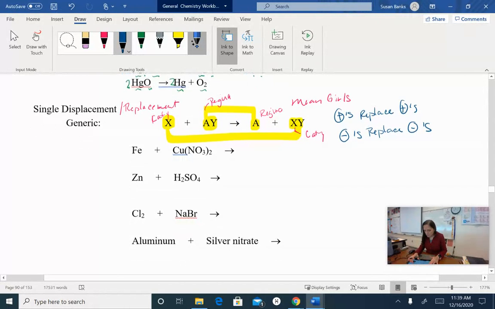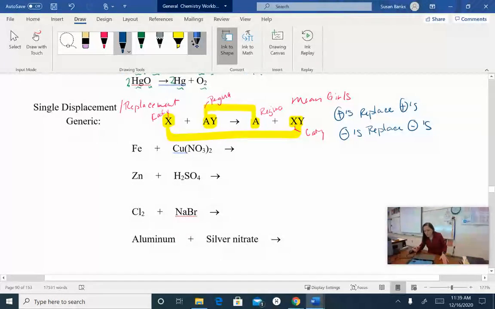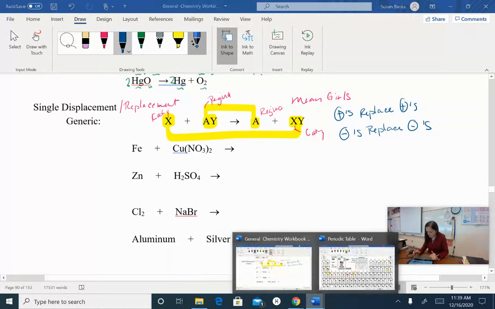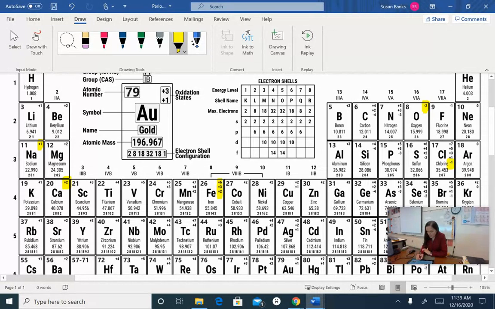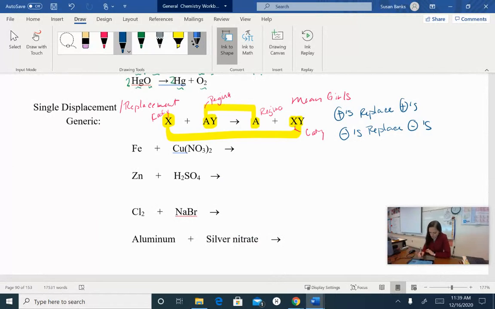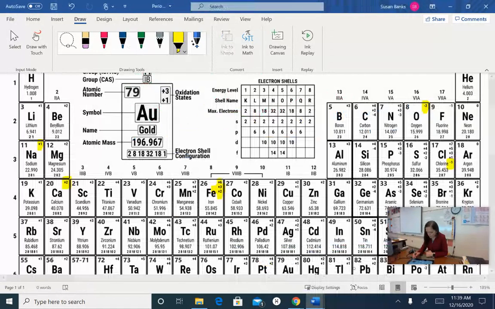Okay, so let's look at iron. So iron, we said up top, let's go to the periodic table. Iron usually has a charge of +3. So we're going to have it have a charge of +3 here. And copper here has a charge of +2. So if I look at this copper, it can have a charge of +2 or +1.